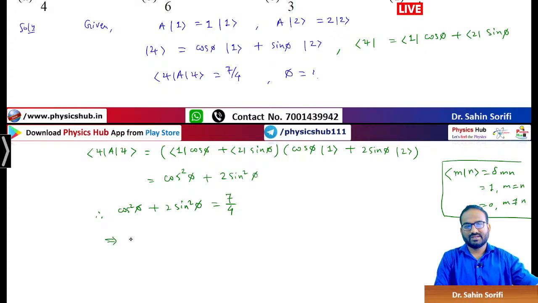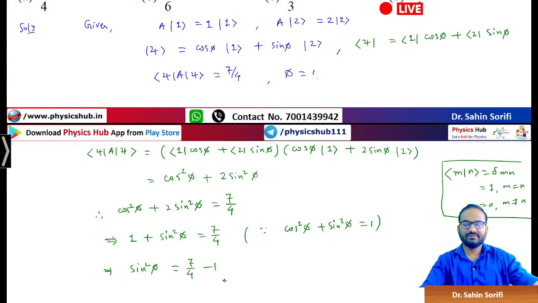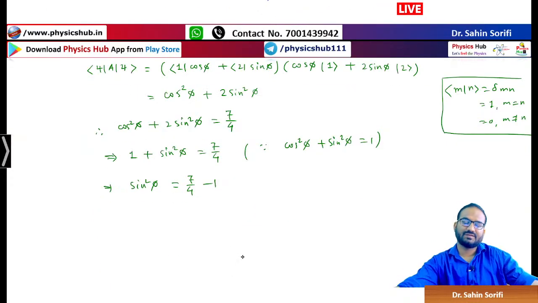So cos square phi, if you take 1 + sin square phi, then cos square phi + sin square phi will become 1, and 1 + sin square phi will remain. Right? So from this, sin square phi is equal to 7/4 minus 1. So 7/4 minus 1 is 3/4.